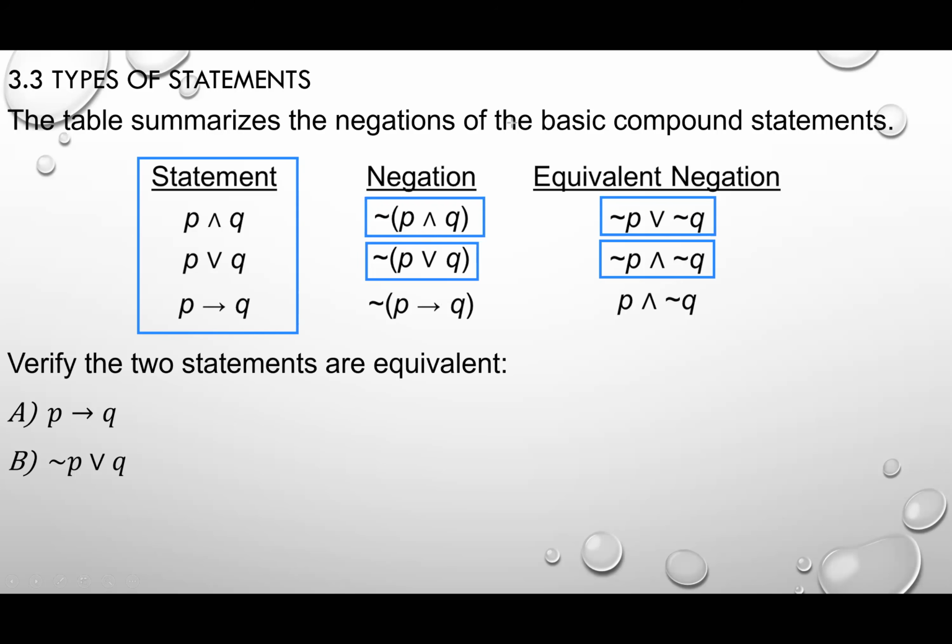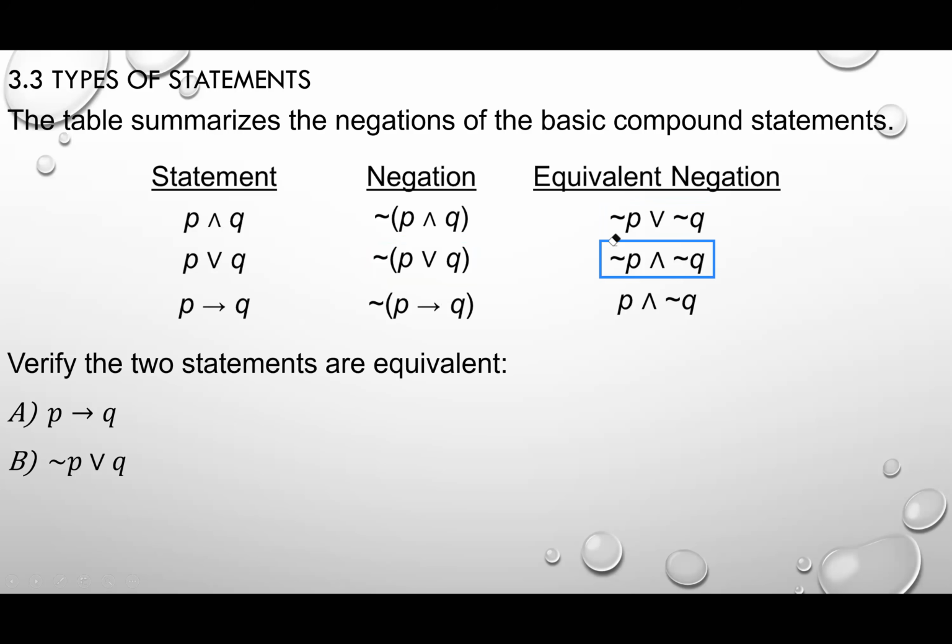Okay, that's the idea of this chart here. So before we move to the statement, if you look at the title for 3.3, it is the different types of statement. We haven't mentioned any type of statement yet. We just mentioned that if we want to negate, this is the equivalent negation symbolic, okay?